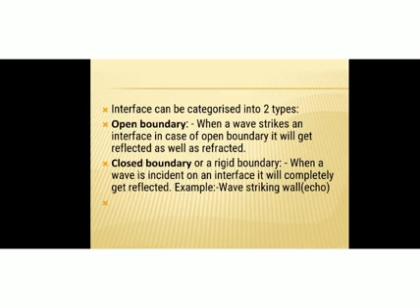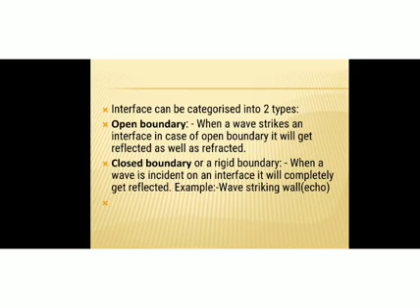Now, this interface or the boundary can be of two types. It can be an open boundary, just like a ring, or it can be a closed boundary, like a wall or wooden block, something like that. So when a wave strikes an interface, in case of an open boundary, it will get reflected as well as refracted.